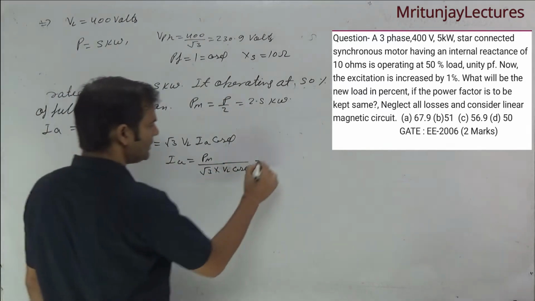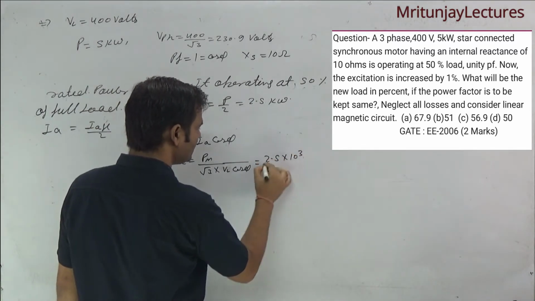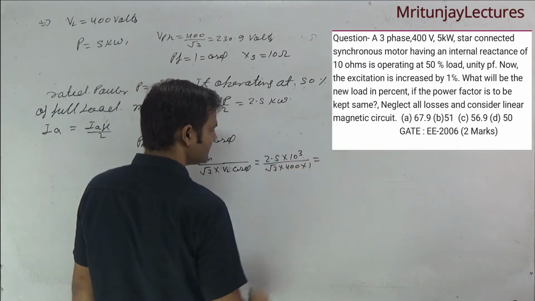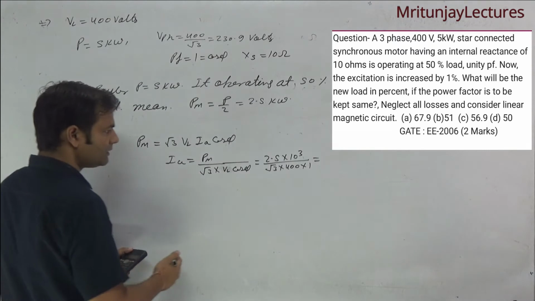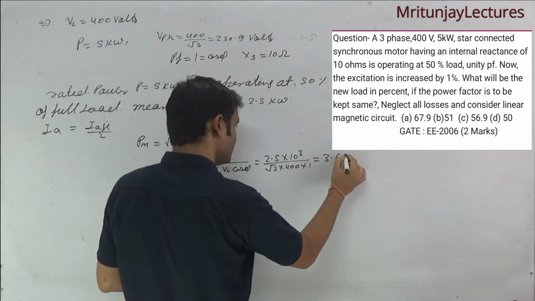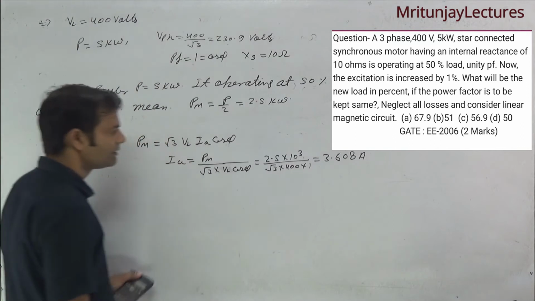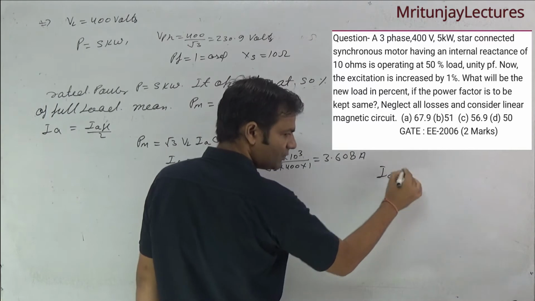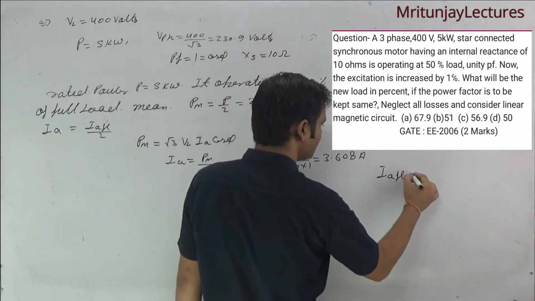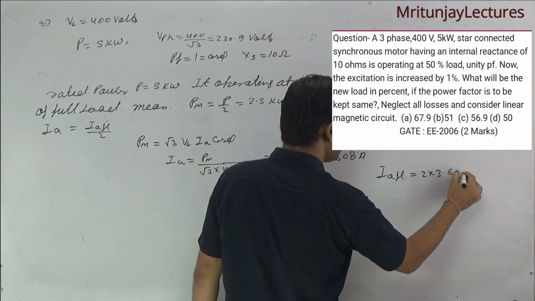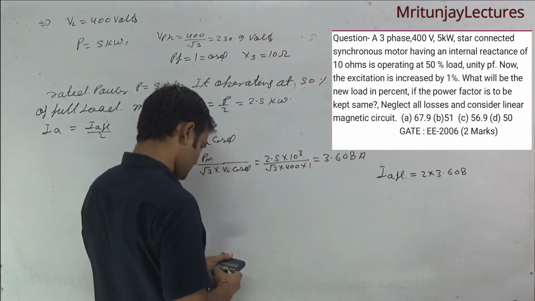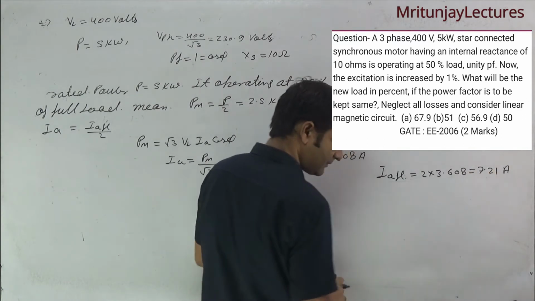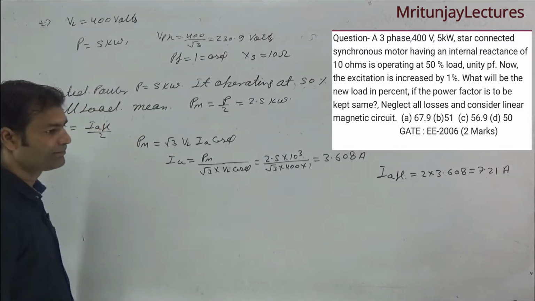That is 2.5 into 10 to the power 3 divided by root 3 into 400 into 1, that is 3.608 ampere. So IA full load is 2 times 3.608, that is 7.21 ampere.